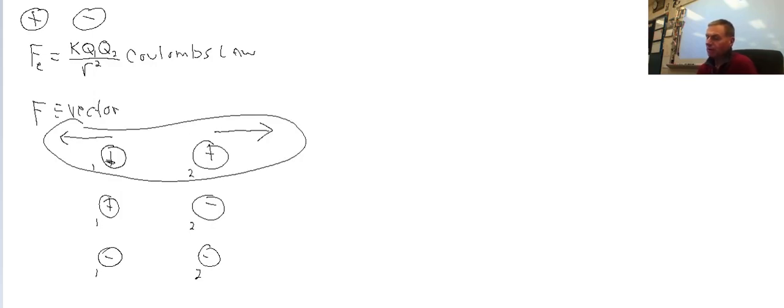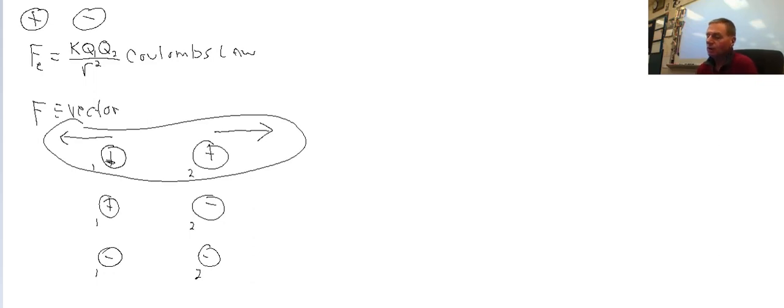Now what happens when we have one like charge and one unlike charge? Well, again, I have to look at what's going to happen to one charge because of the other charge. So what's going to happen to charge number 1 over here, the positive charge, due to charge number 2, which is the negative charge? Well, these are going to be attractive.